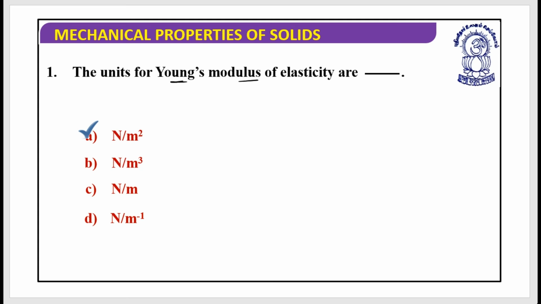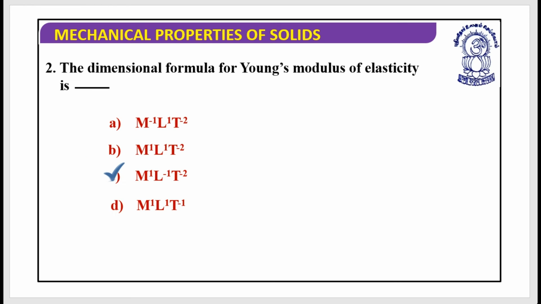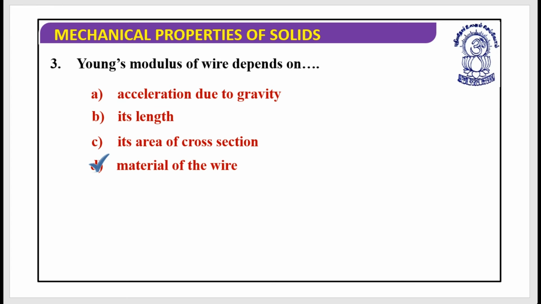The unit for Young's modulus of elasticity: yes, it's Newton per meter square. Next, the dimensional formula for Young's modulus of elasticity is M1 L minus 1 T minus 2.